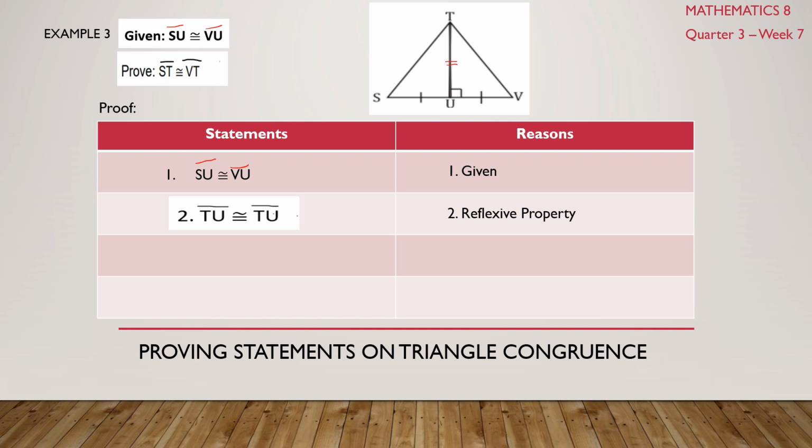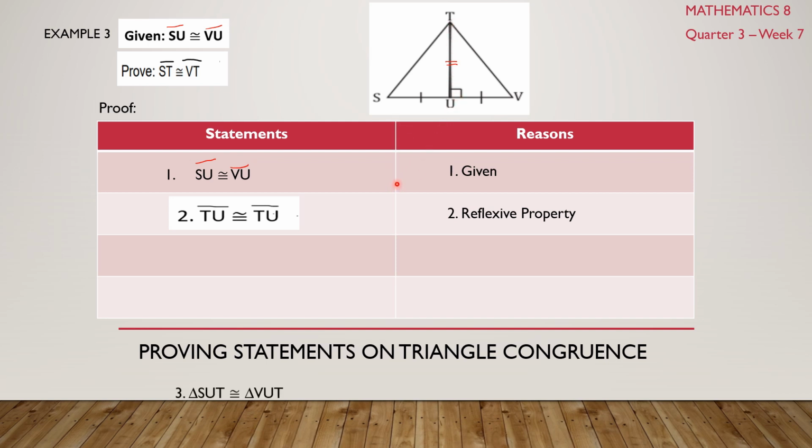Since the two triangles are right triangles, we can say that these two right triangles are congruent because they have two corresponding congruent parts. These are the legs: leg SU and leg TU. They are congruent.